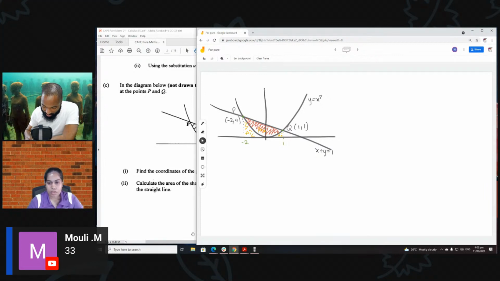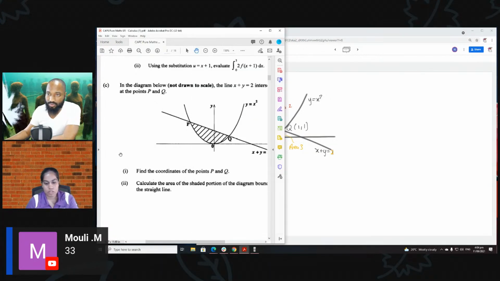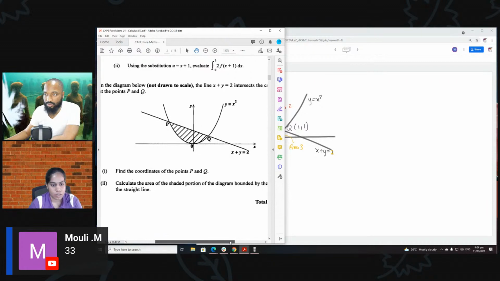All right. So to find the area of the shaded region, when we're finding the area of something under, we integrate to find the area under the graph. So this line is x plus y equals 2, and the quadratic is y equals x squared.